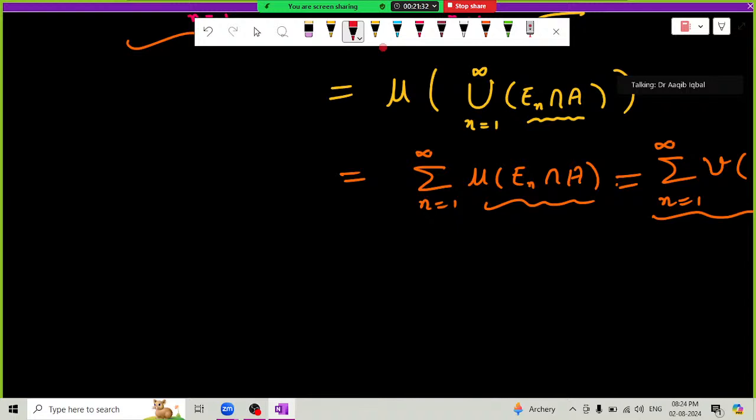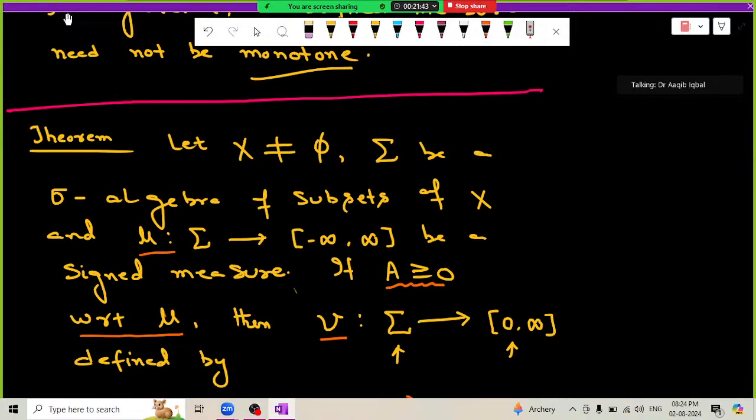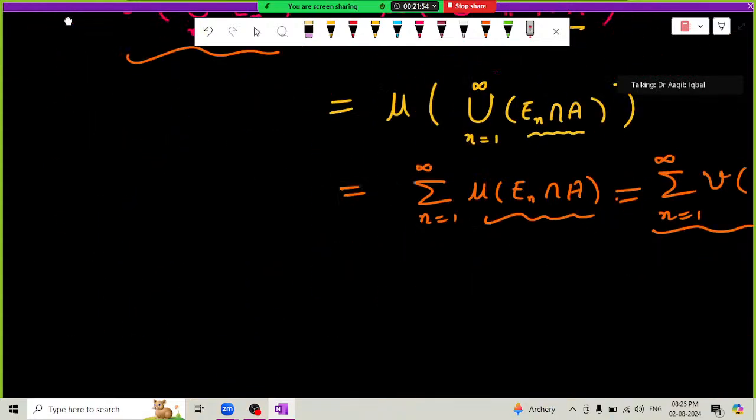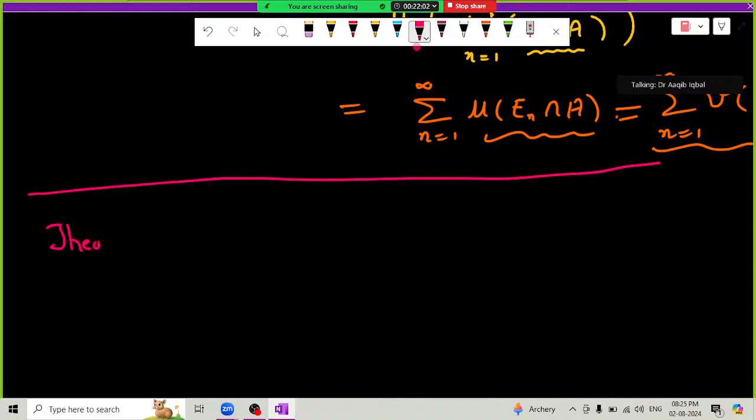I won't go into the proof of this. You can also create a measure using a negative set. Here we are creating a measure using a signed measure and a positive set. The question is, what if instead of a positive set we have a negative set? You can again create a measure, but you have to do a slight modification. This is another theorem. This is an exercise for you.